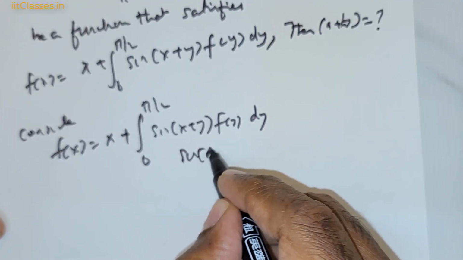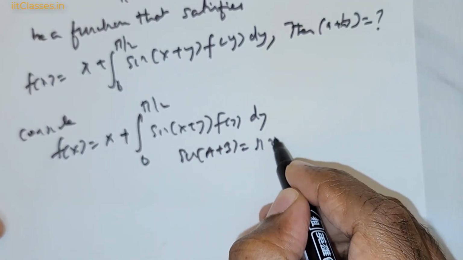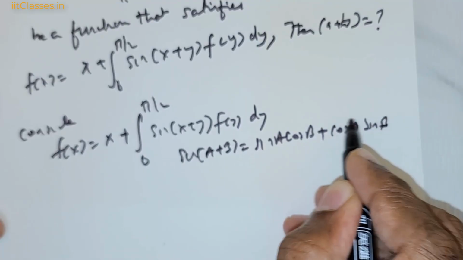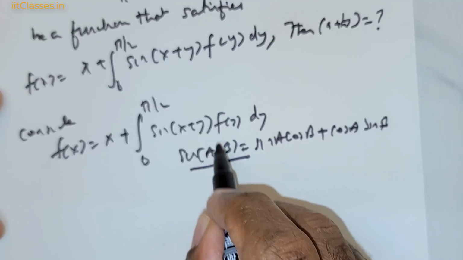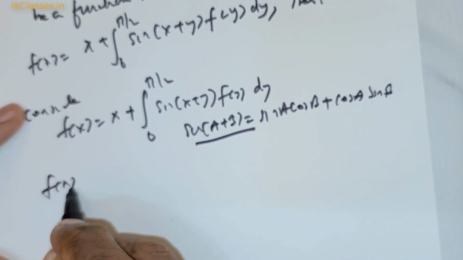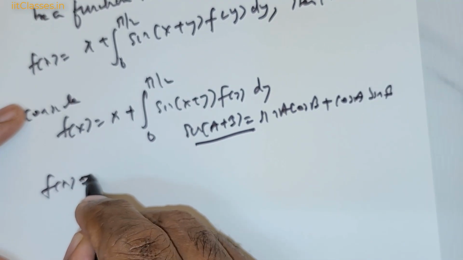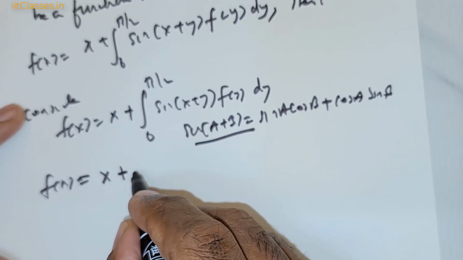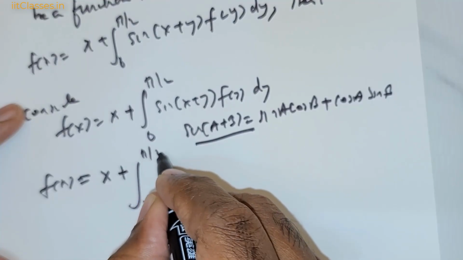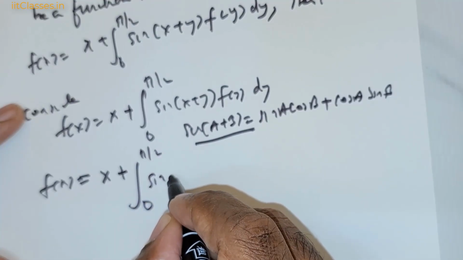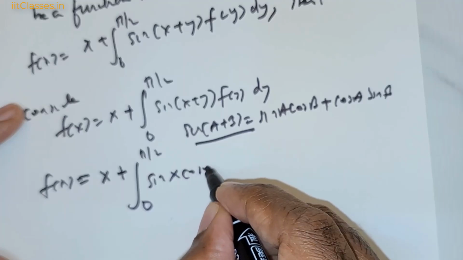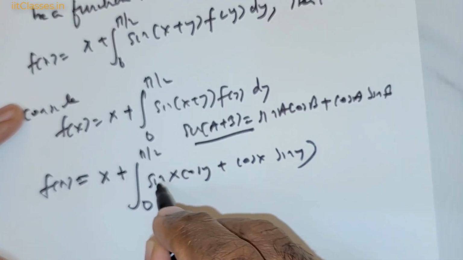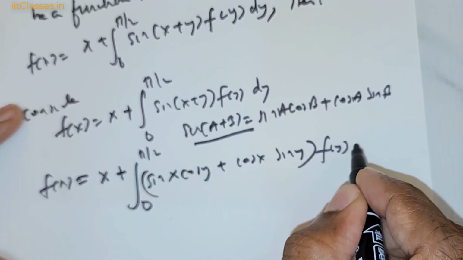Now we know a formula, sin of (a plus b) is equal to sin a cos b plus cos a sin b. So using this, I can rewrite the above equation as f of x is equal to x plus the integral from 0 to pi over 2 of (sin x cos y plus cos x sin y) multiplied with f of y dy.